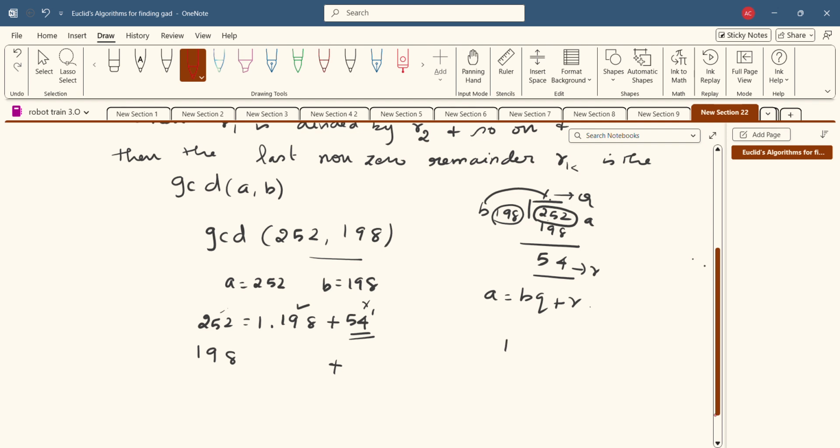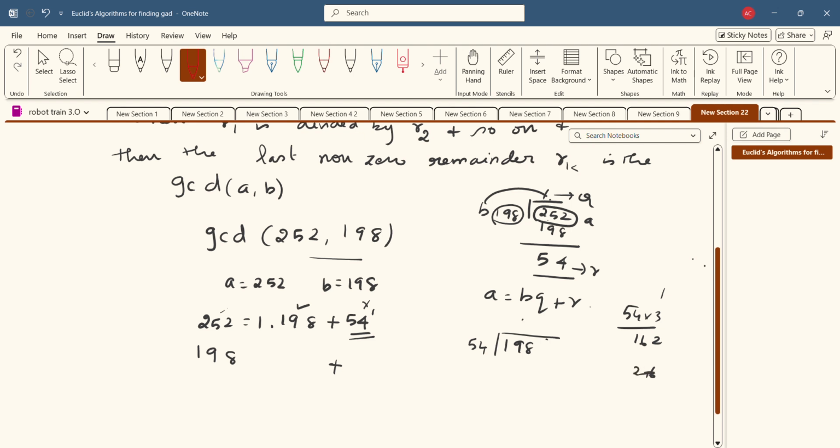So that means 198 is divided by 54. How many times is 54 in 198? 54 into 2 is 108. 54 into 3 is 162. 54 into 4 is 216, which is more than 198.